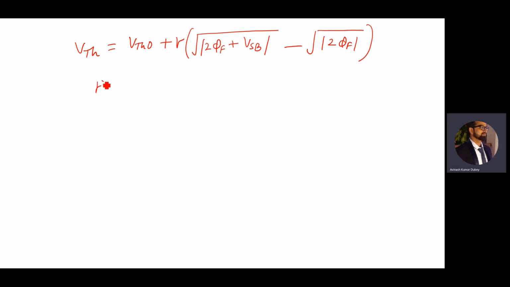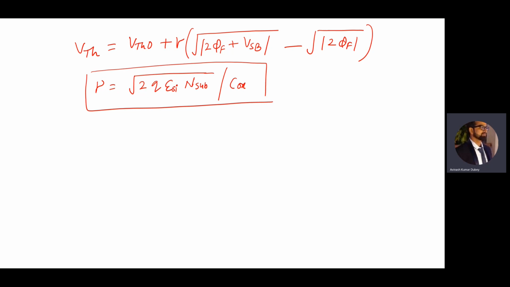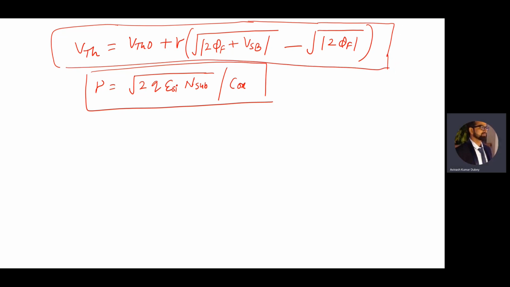Here gamma is our body effect coefficient, and it is given by square root of 2q epsilon Si times Nsub, the doping of the substrate, divided by COX. This is a very important formula for VTH, which depends on the source to bulk potential.